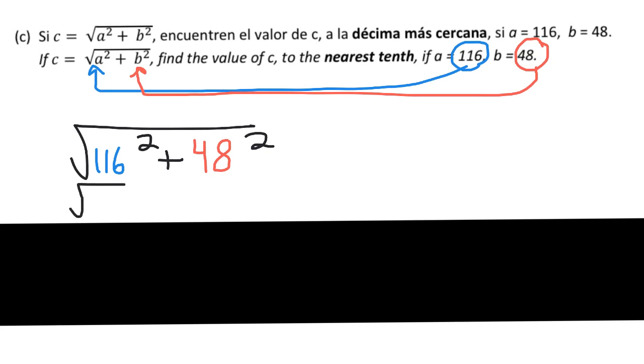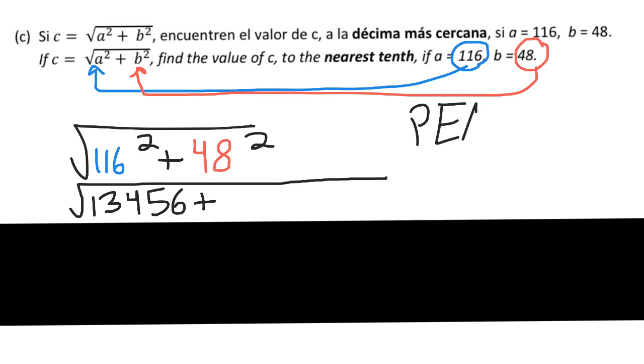So it's still in the square root. 13,456. Copy the plus. Still doing E for exponents in the PEMDAS. So 48 squared means 48 times itself. That's a big number too. 2304.